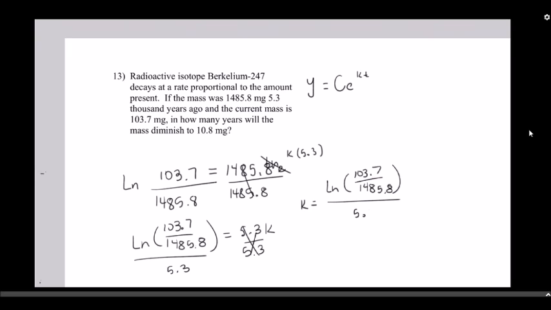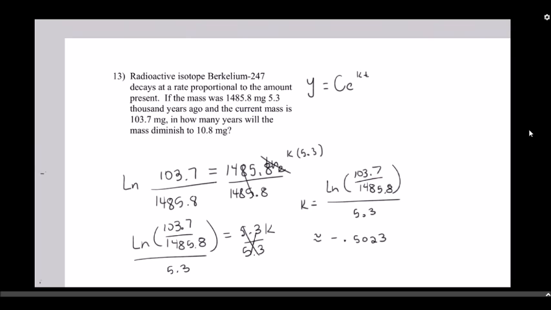Now if we plug that into a calculator, let's see what you get. This is negative 0.5023. And the reason the relative growth rate is negative is because our amount is diminishing, it's decaying.